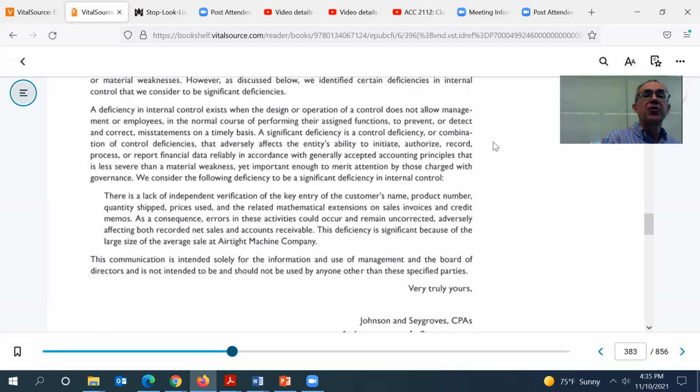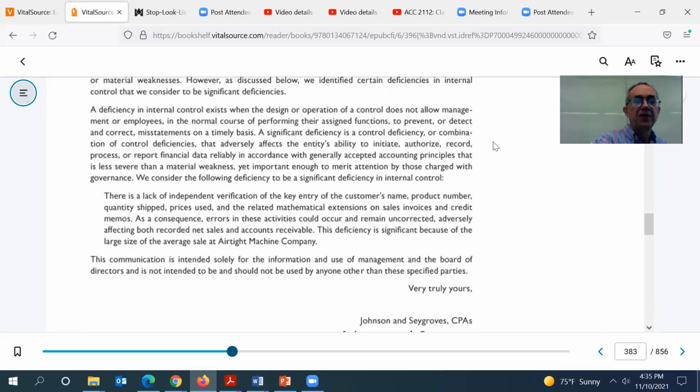Then a significant deficiency is a control deficiency or a combination of control deficiencies that adversely affects the entity's ability to initiate, authorize, record, process, or report financial data reliably in accordance with generally accepted accounting principles that is less severe than a material weakness, yet important enough to merit attention by those charged with governance.